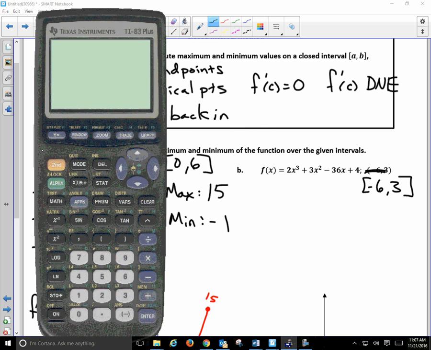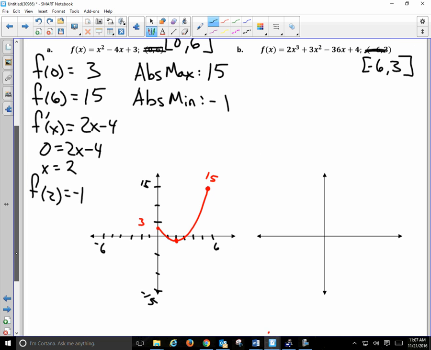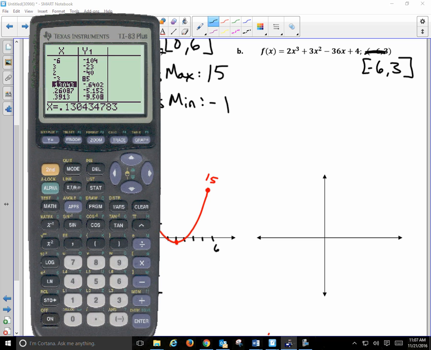If they gave this type of problem to you on the AP exam, my guess is that this would be a calculator type problem. They want you to find the absolute max and absolute min over the interval -6 to 3 of that function. So first of all, I plug the function in my calculator, and then where should I go?